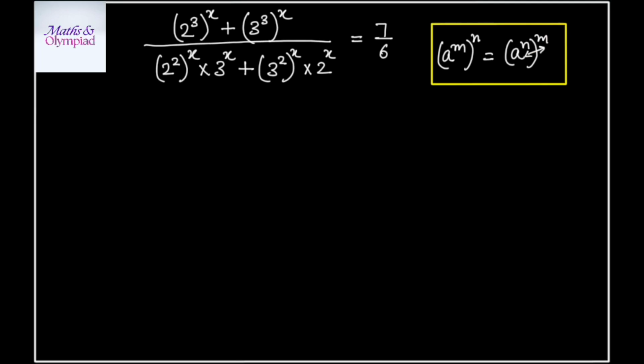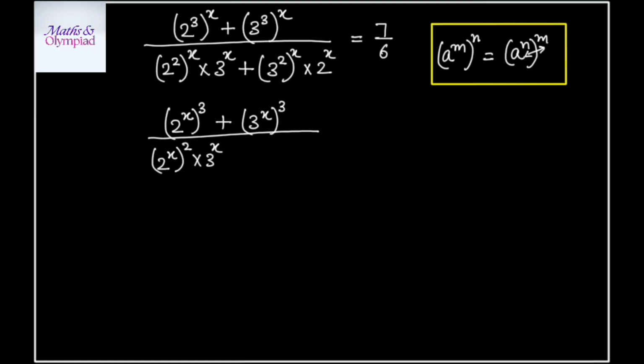So we can write it as (2^x)^3 plus (3^x)^3 over (2^x)^2 times 3^x plus (3^x)^2 times 2^x equal to 7 over 6.